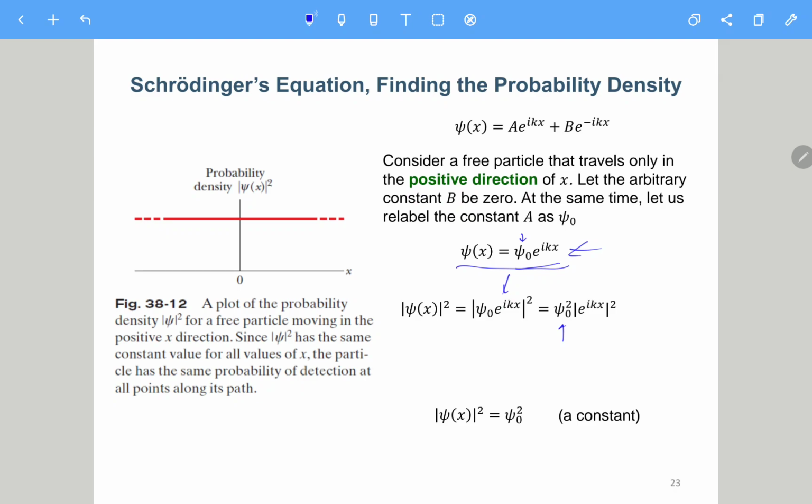If it is still a complex number, it doesn't really matter, it's just like a phi 0 square. So it doesn't really matter here. And then of course, the absolute value of a times b square is the absolute value of a square times the absolute value of b square. So this one comes out, this one is like this.